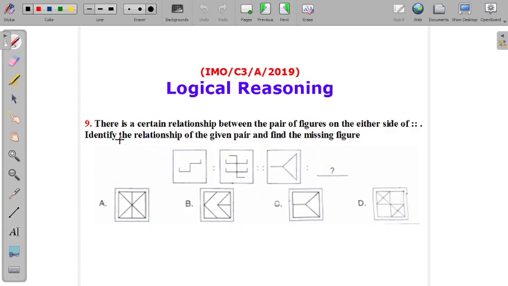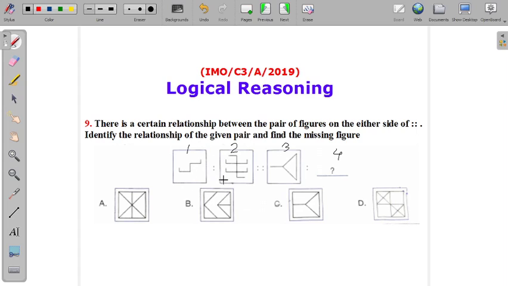Next question. There is a certain relationship between the pair of figures on either side of these symbols. Identify the relationship of the given pair and find the missing figure. So this figure and this figure have some relationship. You are given a third figure and you have to choose which one will be the fourth figure from the given options.